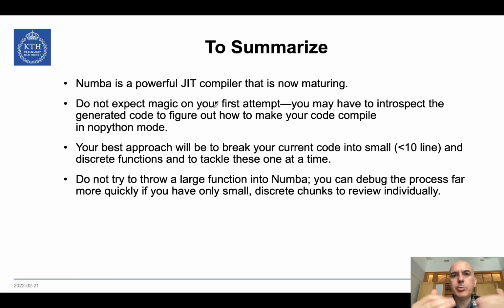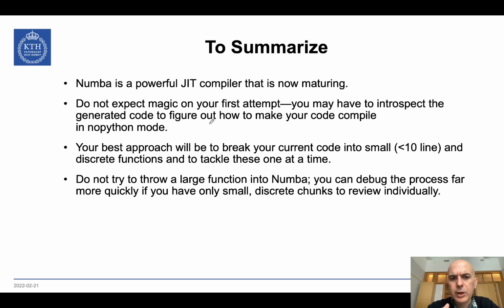It will support more architectures and more systems, but do not expect magic on the first attempt. One thing that we can do is to introspect the code that has been generated by Numba. The best approach when porting to Numba is to break the current code into small parts, then add the decorator and see if they can compile or not and what are the problems with the compiler.